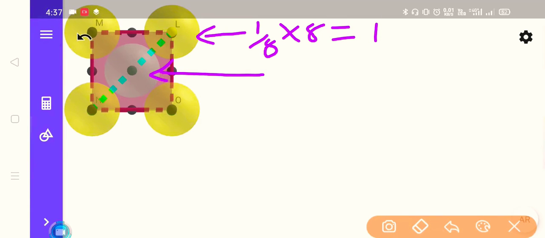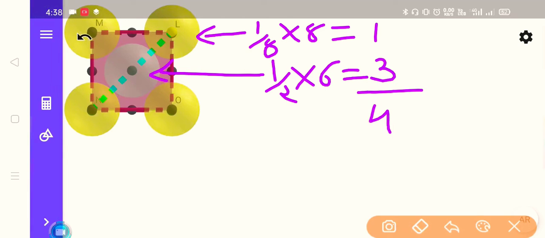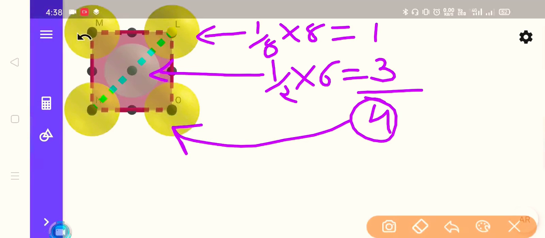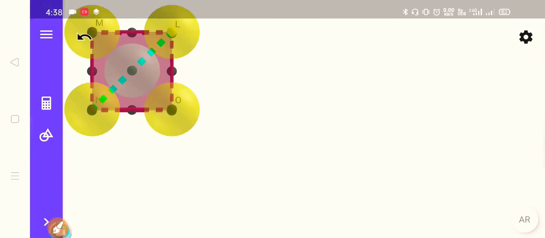A face centered sphere contributes 1 by 2, and in total we have 6 of them, so the total contribution from face centered locations is 3, so you will get 4. So the occupied volume in this given unit cell, or face centered unit cell, is equal to 4 spheres. 4 spheres occupy volume inside this unit cell.